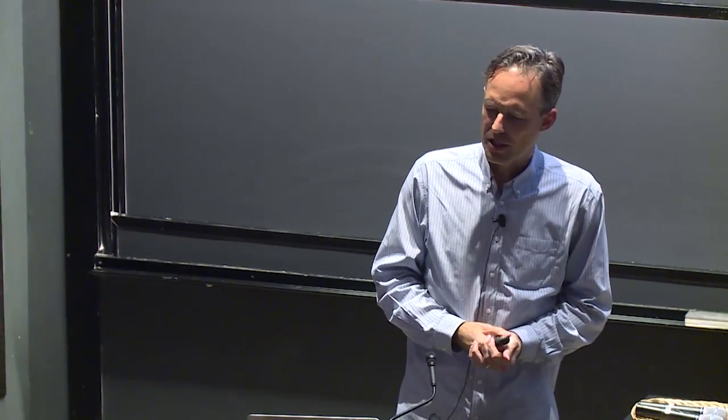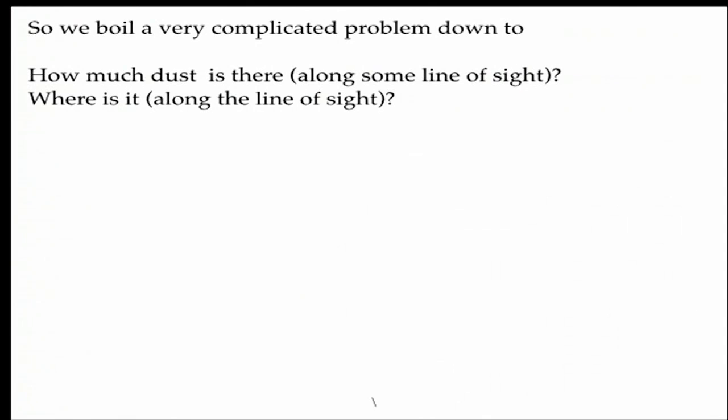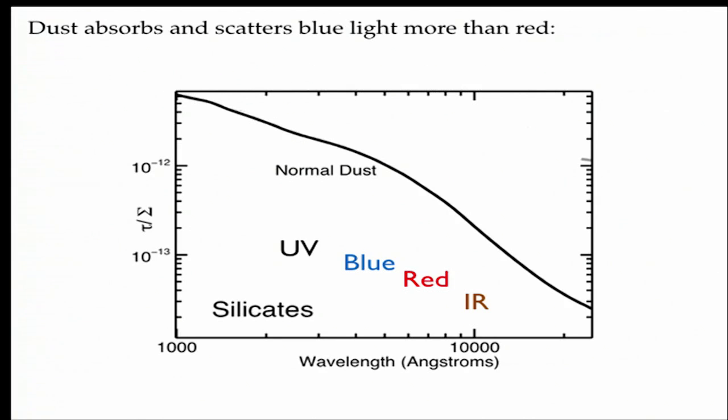We just boil the question down to how much dust is there along each line of sight and how far away is it along each line of sight. To do that, we're going to use the wonderful feature of dust that it absorbs and scatters blue light more than red. This is related to the reason that sunsets are red and the sky is blue. All right, nothing profound here.